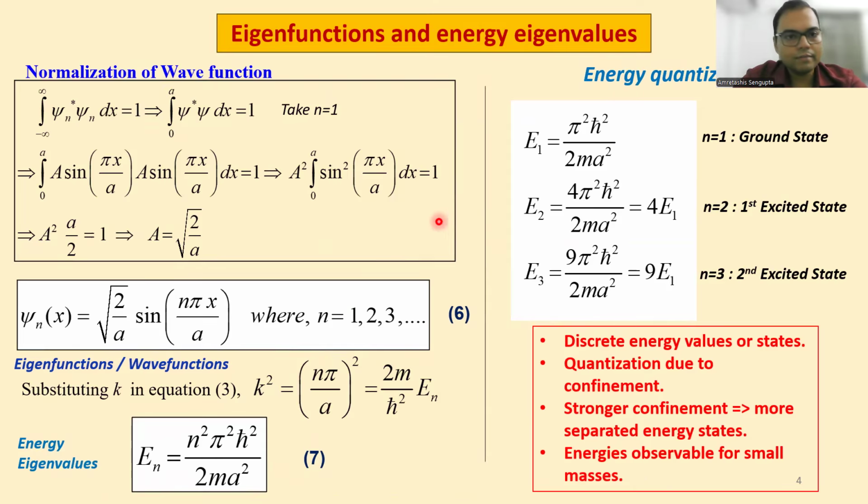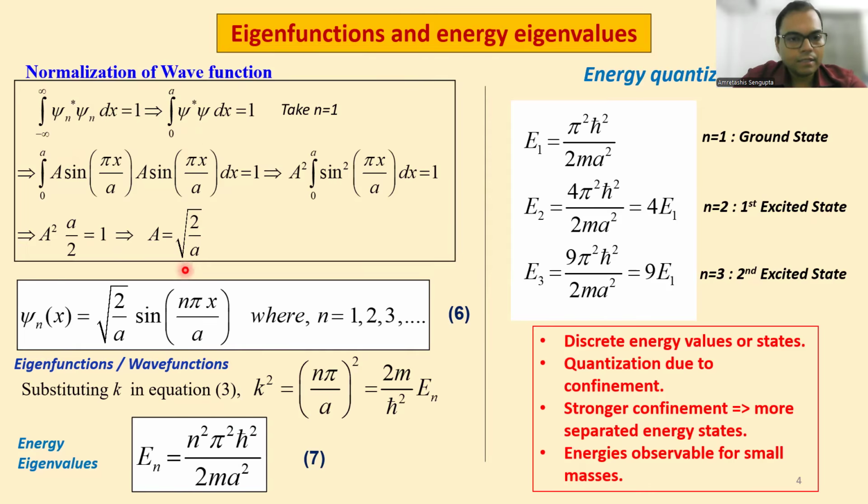Now we will normalize the wave function. For that, we can take n equals 1 and set the integration limits 0 to a. Because we know the particle is definitely confined within the box and cannot go outside, instead of minus infinity to plus infinity, we can set the integral limits from 0 to a.